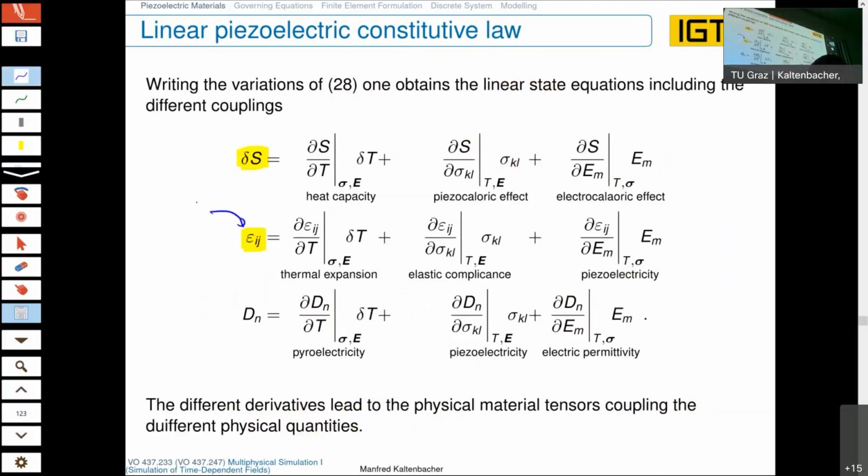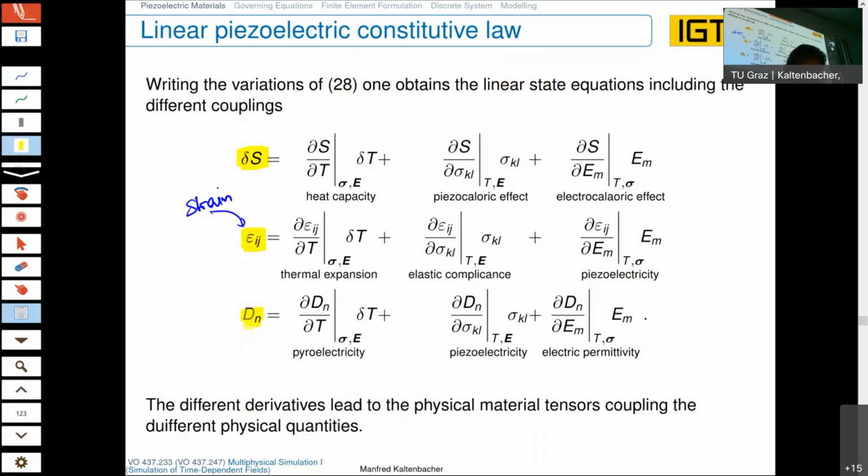So I write it here, that's the strain. You know, in mechanical engineering you would never use an S for the strain. You would always use the epsilon, but epsilon for us is also more or less the permittivity. So this is our problem, and therefore we have these different notations. And here this would be the dielectric displacement.